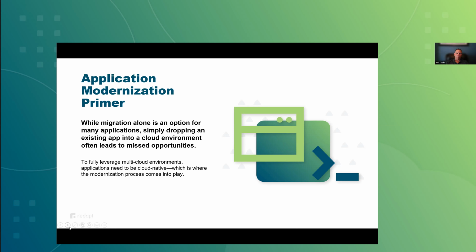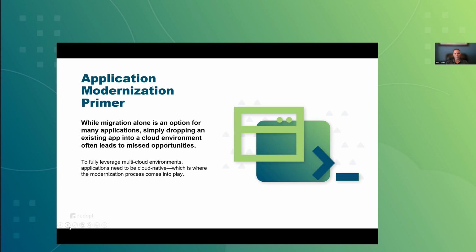Some of those examples are, for instance, PaaS web apps. Organizations may have moved applications from a physical server to a VM in the cloud, may have even containerized it, but they haven't gone all the way towards a PaaS implementation.